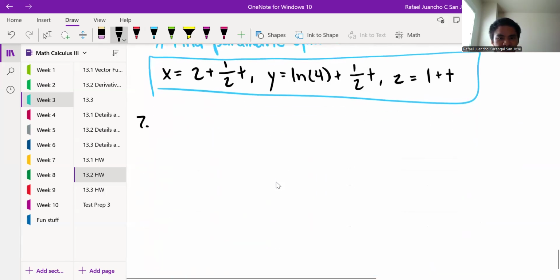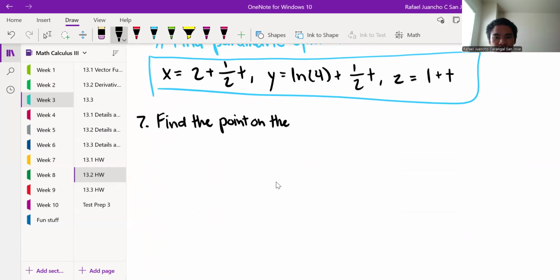So now here we're being asked to find the point on the curve. Our curve is a vector function, r of t, which has 3 component functions: 4 cosine t, 4 sine t, and e to the t.